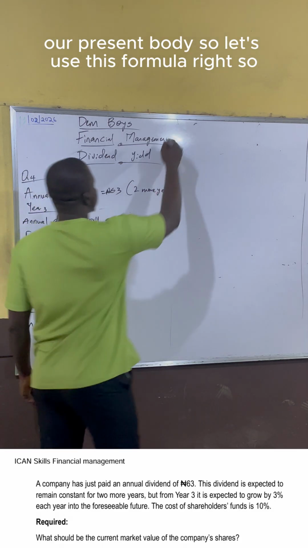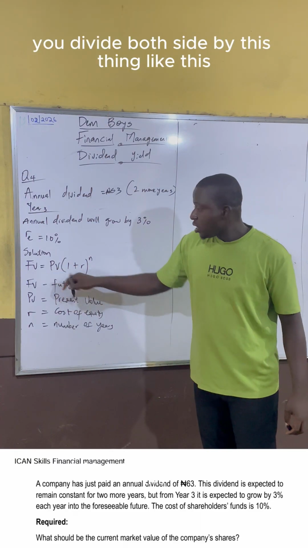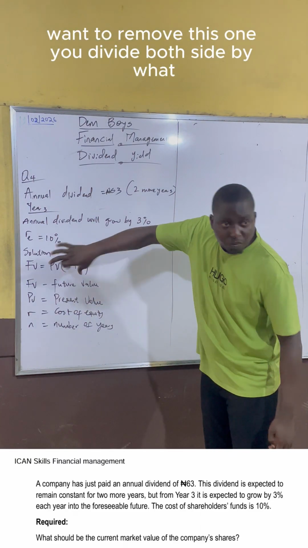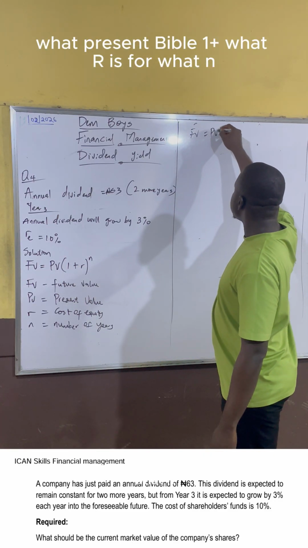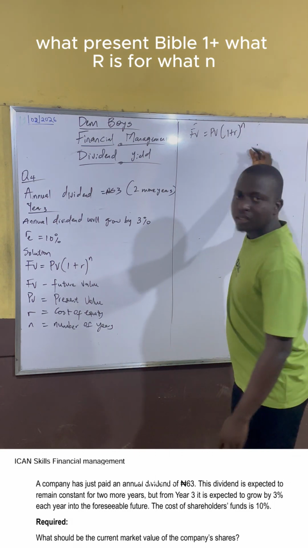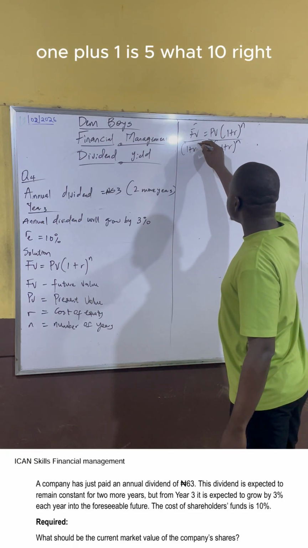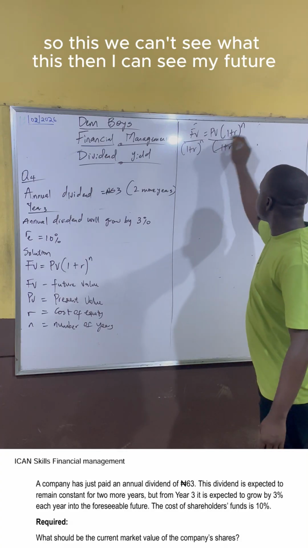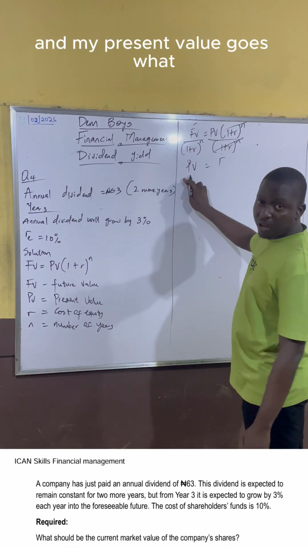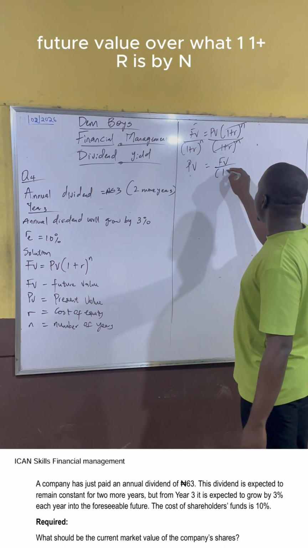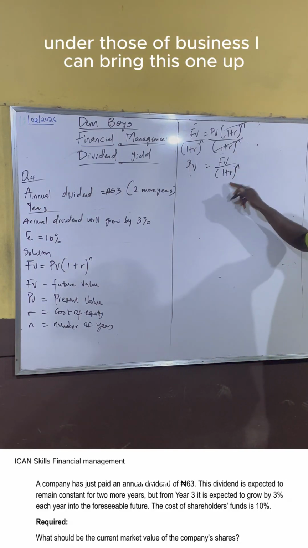We want to get present value, so we divide both sides by 1 plus R raised to power N. We know our future value equals present value times 1 plus R raised to power N. Dividing both sides by 1 plus R raised to power N, this cancels. Then my present value equals future value over 1 plus R raised to power N. Under laws of indices, I can bring this up.